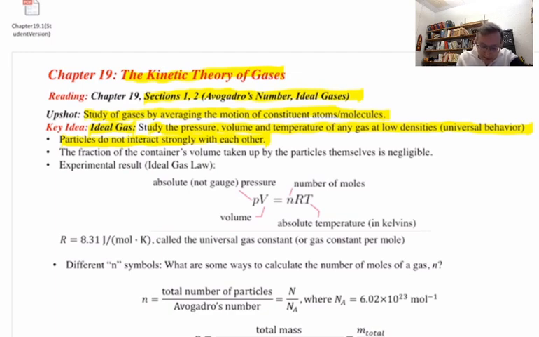Next, the fraction of the container's volume taken up by the particles themselves is ignorable, right? Take all the atoms or all the molecules and take all their volume, and it is a tiny fraction of the volume of the container itself. Again, that follows from low density. If you have those conditions, then you can prove, or you can demonstrate, by experiment.